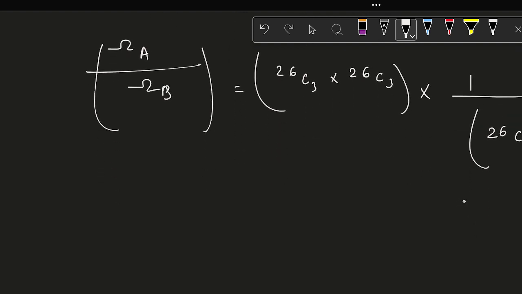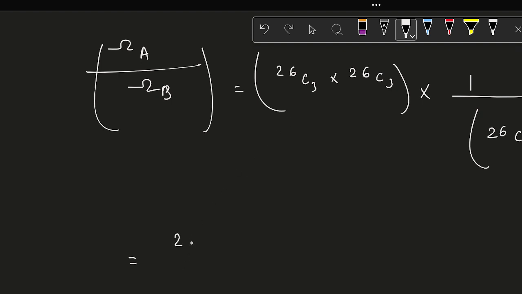Now we have to do the calculation. You can just use your calculator to get the ratio, or else, because in some competitive exams you are not given a calculator, you can also do the calculation by hand. So that is what we are going to do now.